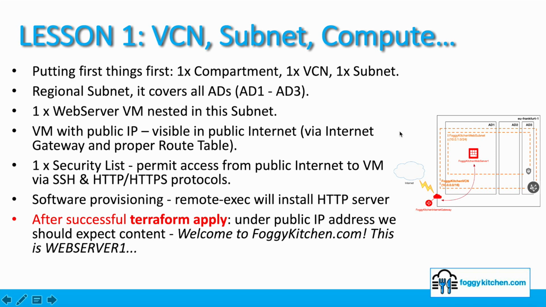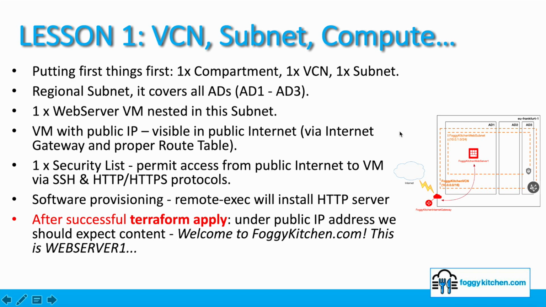After this deployment, one basic security list will permit access from the public internet to the VM via protocol SSH port 22 and via protocol HTTP and HTTPS, port 80 and 443. For the purpose of software provisioning, we'll utilize null resource and the remote-exec capability of Terraform.